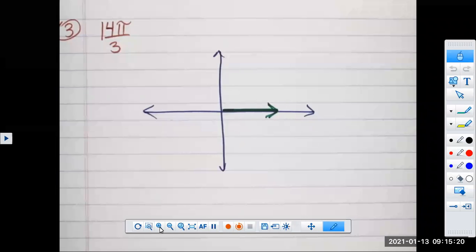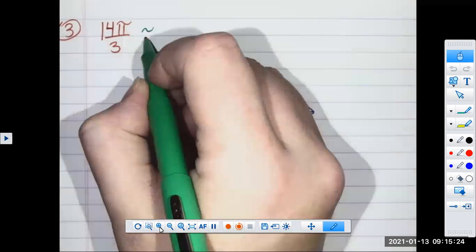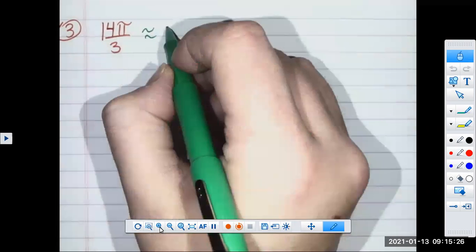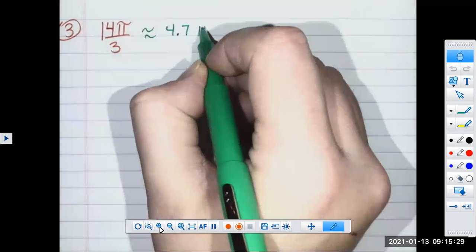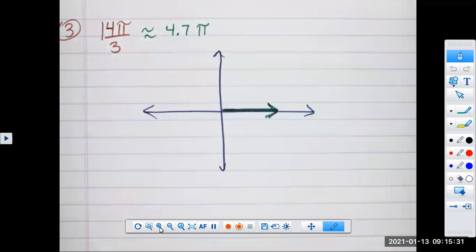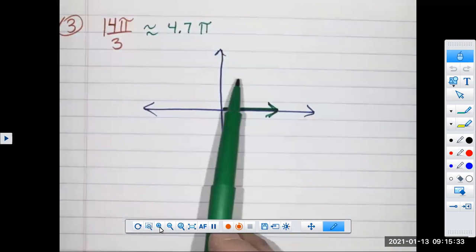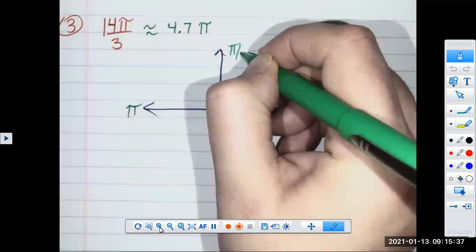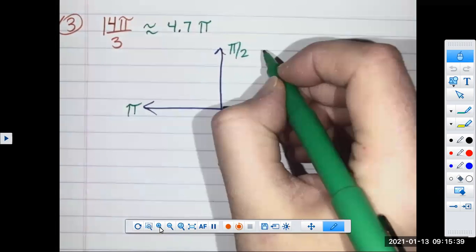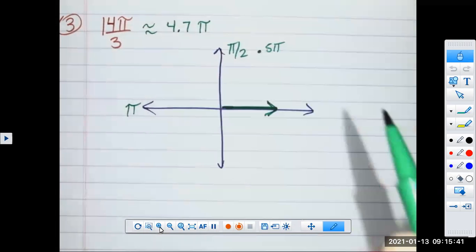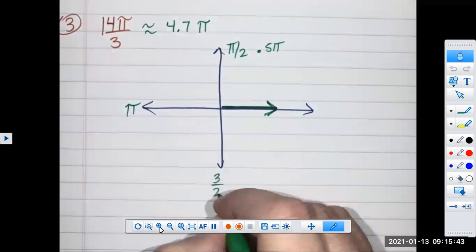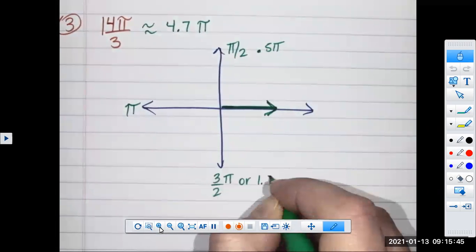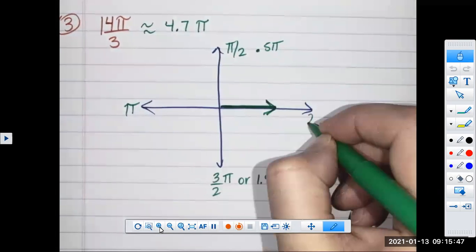Good. 14 divided by 3 is 4.7, so this is approximately 4.7 pi. And you know that every half rotation is pi, that's pi over 2 or 0.5 pi, this is 3 halves pi or 1.5 pi, 2 pi, and so on.